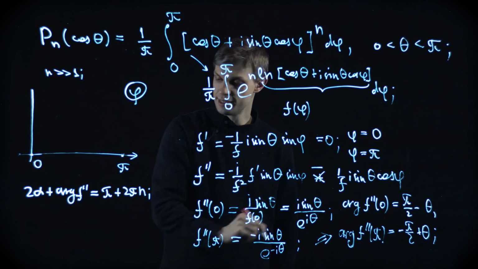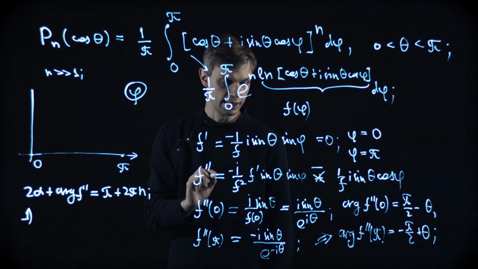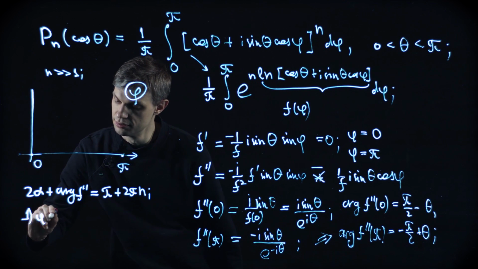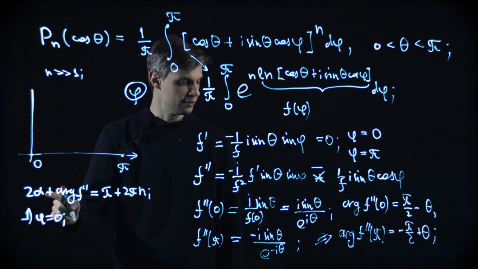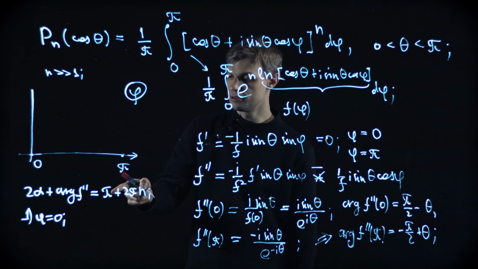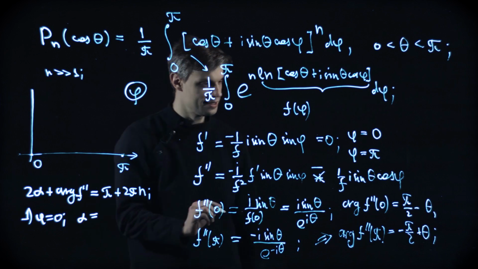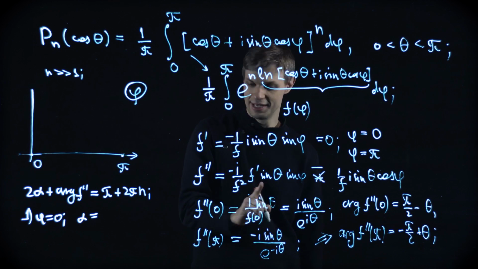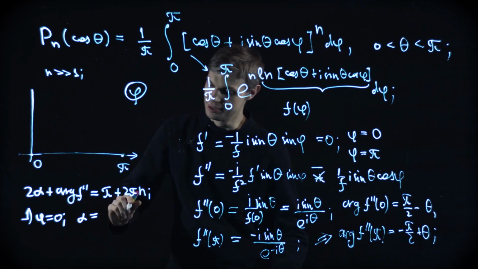Right, and here we go. So for the first point, phi is equal to 0, we have the following condition: 2 alpha plus pi by 2 minus theta is equal to pi plus 2 pi n. So alpha is equal to, okay, let me think. Actually, let me look it up. It's better, so we'll save time.